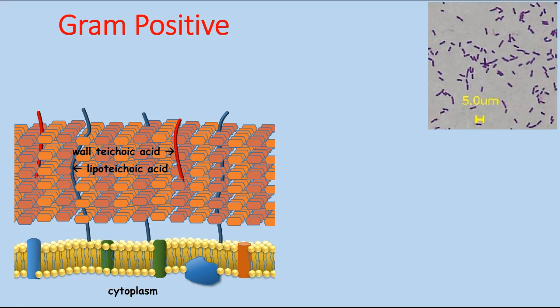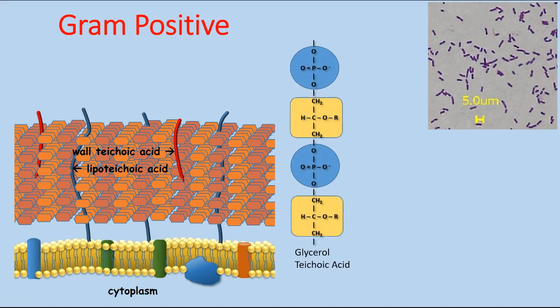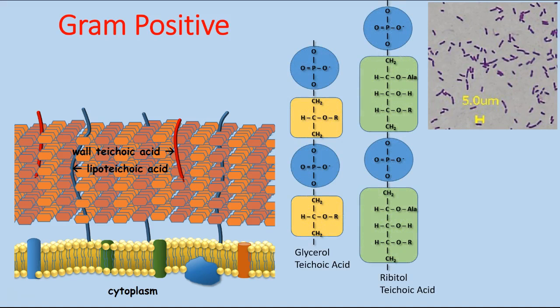The teichoic acids are linear polymers of alternating phosphate and glycerol subunits, or phosphate ribitol subunits, and a few amino acids and saccharides. Both the lipoteichoic acids and the wall-teichoic acids are anionic polymers because they both have that phosphate group which has a negative charge.